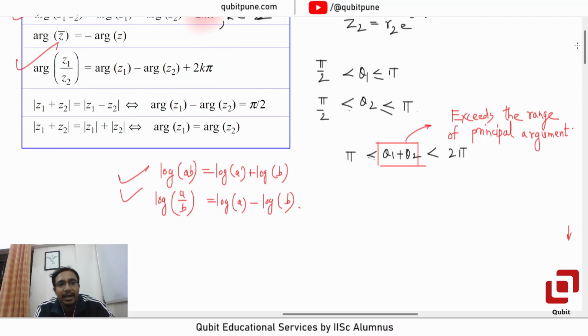And secondly, mod of z1 plus z2 equal to mod of z1 plus mod of z2 implies argument of z1 is equal to argument of z2. This is what we typically do for positive numbers or even negative numbers, but real, or if they are on the same line, collinear.